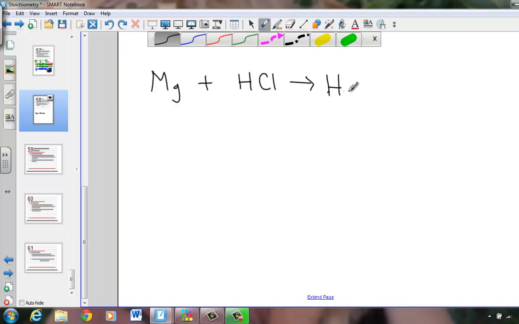So molecular hydrogen gas forms, and the other product would be magnesium combining with the chloride, and based on charge, we know Mg is a +2, Cl is a -1, so we get MgCl2. And then we balance by doubling the HCl. Solid magnesium, aqueous acid, gaseous hydrogen, and aqueous magnesium chloride.